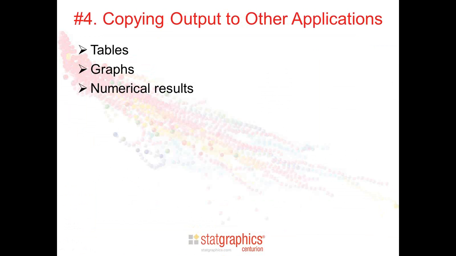Well, there are several methods in StatGraphics for getting output out of the program. The obvious method, at least most obvious to me, is to do a copy and paste. When I'm in StatGraphics, I can always push the right mouse button, copy whatever I'm looking at to the Windows clipboard, and then go to some other application and paste it.